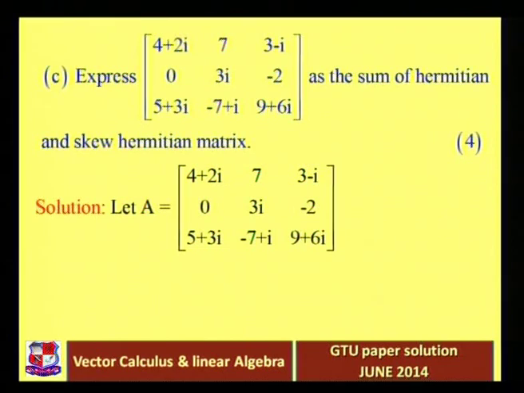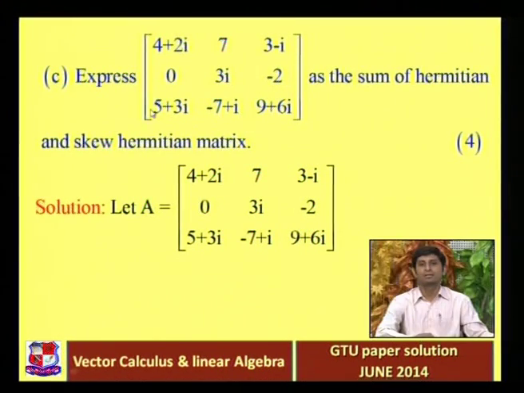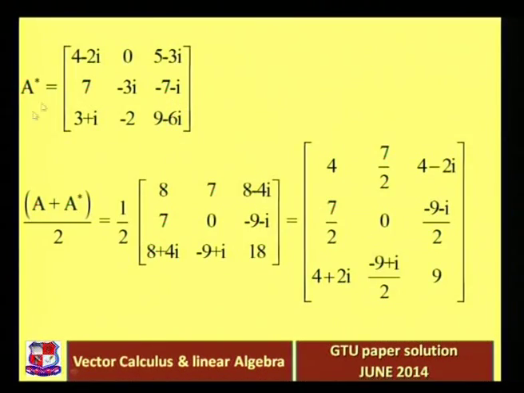So instead of 3 plus i, we write 3 minus i, then 0 is as it is, this 3i becomes minus 3i, then minus 2, 5 minus 3i, minus 7 minus i, right? Instead of 5 plus 3i it becomes 5 minus 3i, then minus 7 minus i, and then 9 minus 6i. So this is our A star.